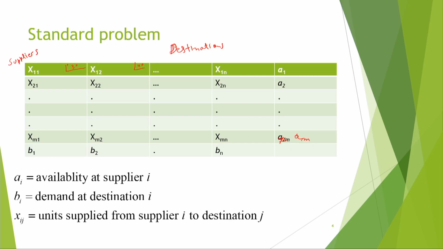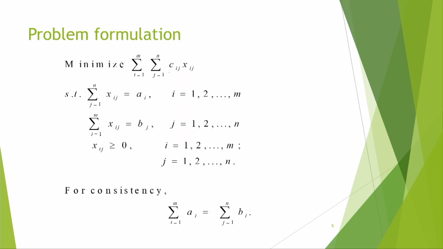In effect, we are going j equal to 1 to n column-wise, and i equal to 1 to m. For each row there are n columns, so I have written j equal to 1 to n and then Cij into xij. If I do that, that will be the total cost. That cost has to be minimized such that the sum over j equal to 1 to n of xij is equal to ai, for i equal to 1, 2 to m.